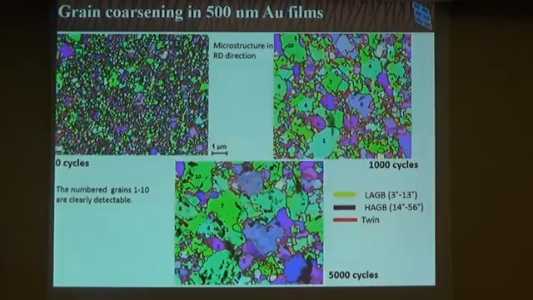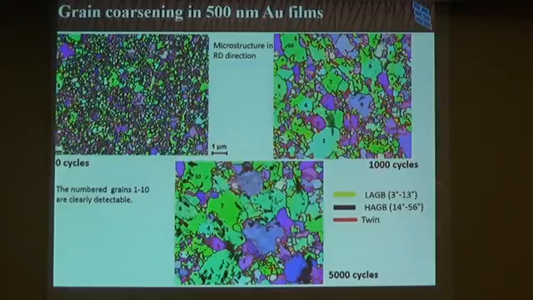Then we looked at the grain boundaries, because many of you know that different grain boundaries have different mobilities, different energies, and probably this is the decisive factor which forces the grains to coarsen. But again, here you see different low and high angle grain boundaries and twin grain boundaries.